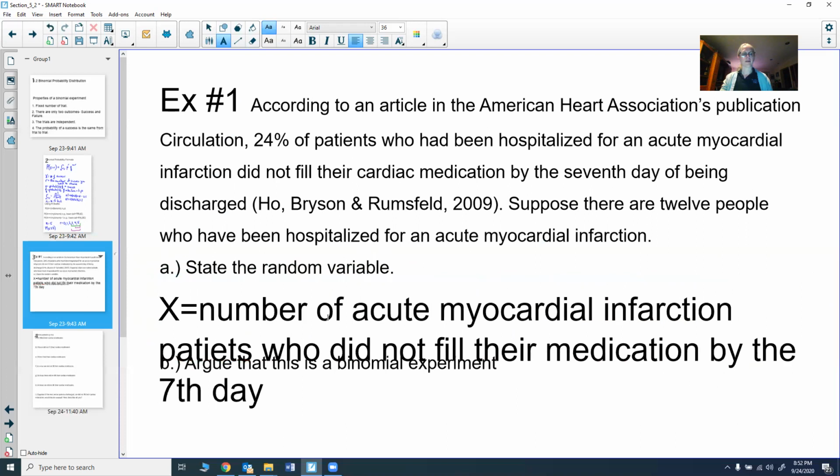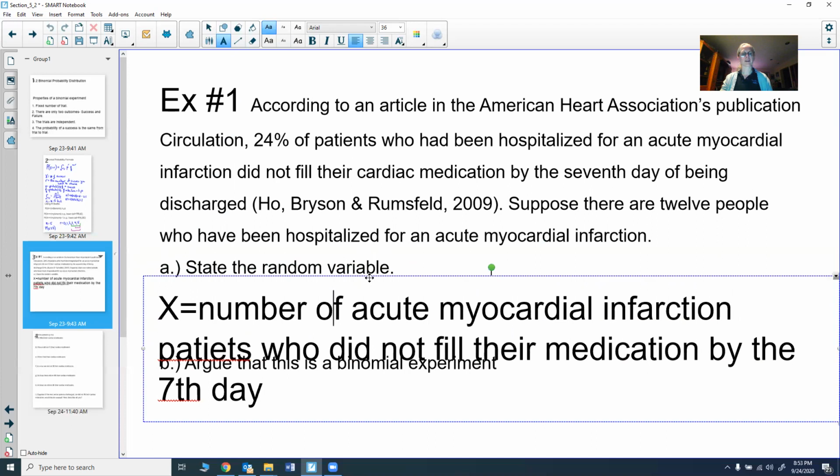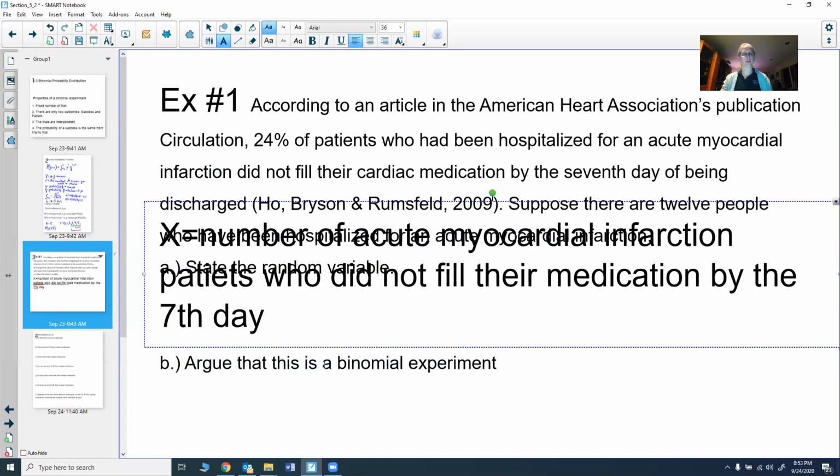All right, so we've got that. That's what our variable is, because we're going to count all of those yeses.